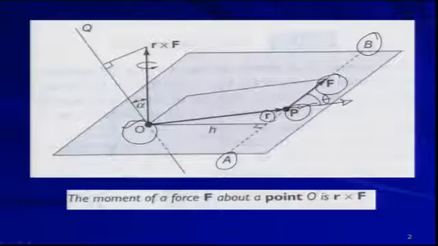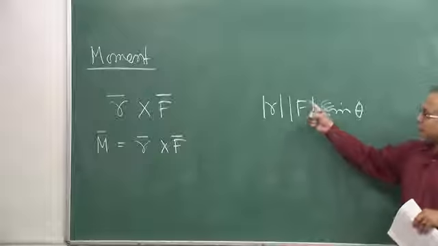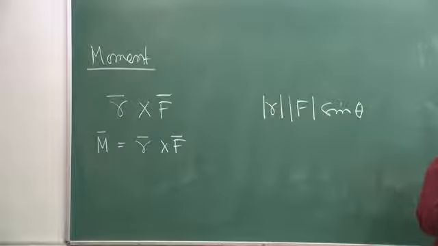This is the force vector along the line of action AB. If you slide the force vector along the line AB, from A to B, wherever you slide, and you find the moment with respect to point O, it will always remain the same, because the magnitude of the force vector is not changing.